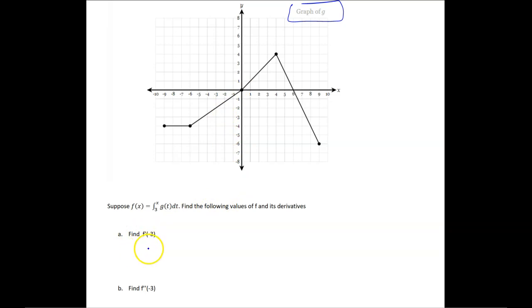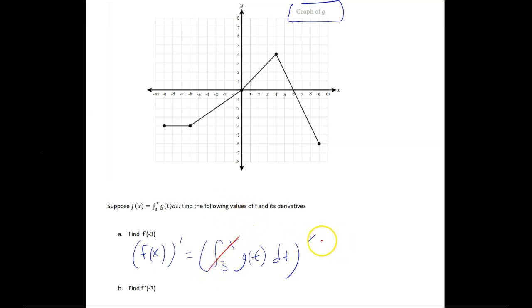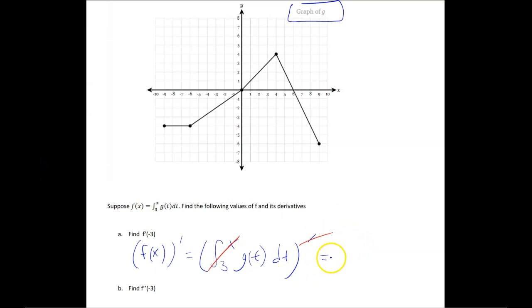the previous page, right, f prime, we can almost think of it like this, right? So if we take the derivative of both sides, and this is kind of ugly notation, but I think it'll get our point across well. If we take the derivative of both sides, the integral and the derivative cancel out, right? So this really just gives you, and again, this is not perfect notation, f prime of x equals g of x.